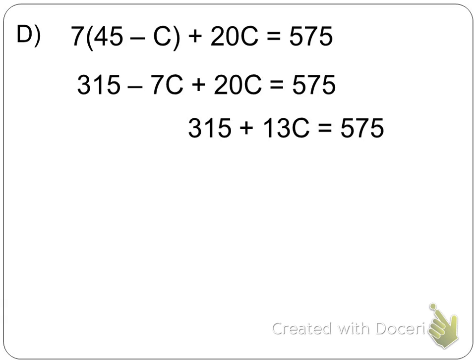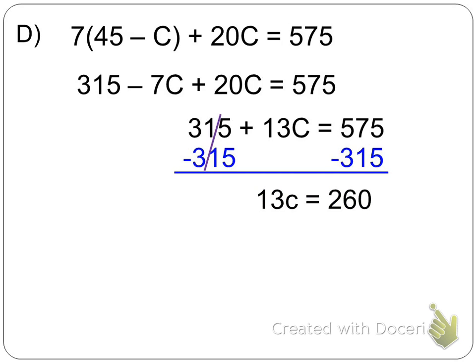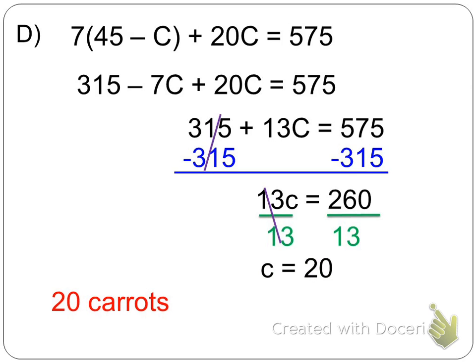What is 575 minus 315? Yeah, 260. And then you divide by 13, and you get how many carrots? A lot of carrots. Very good. 20 of them.